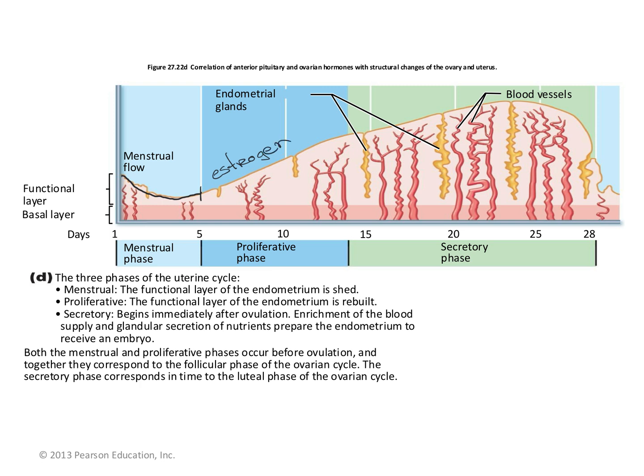And then after ovulation, the secretory phase occurs. Progesterone is maintaining the endometrial lining, and it's being further prepped for a fertilized embryo to implant.